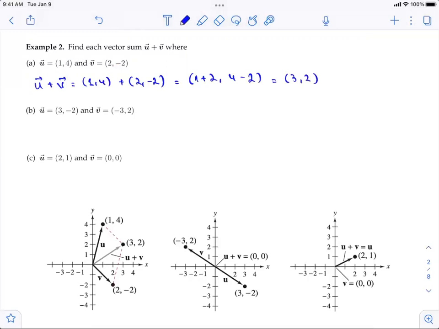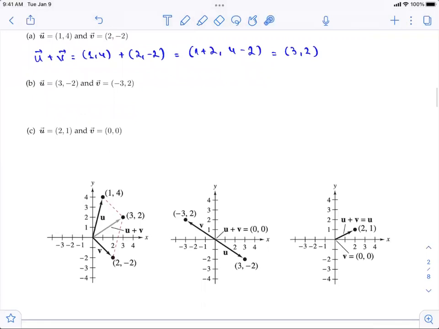So you have a new vector, and this new vector consists of two components, 3, 2. All right. So this is the plot of the vector addition that you see here. Right? So graphically, this is the vector 1, 4. This is vector u, and this is vector v. When you perform vector addition, you obtain a new vector 3, 2. And this is the new vector that you just obtained.